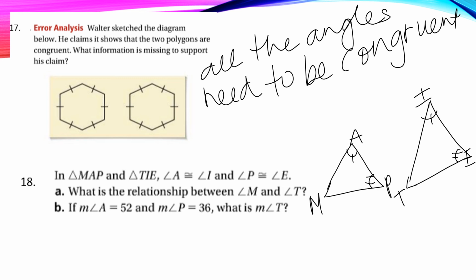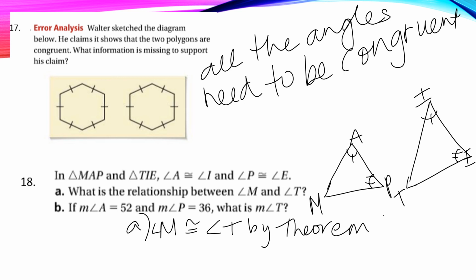So for part A, according to my theorem 4-1, angle M should be congruent to angle T by theorem 4-1, which means that if you have two angles in two different figures that are congruent to each other, the third angles are congruent.